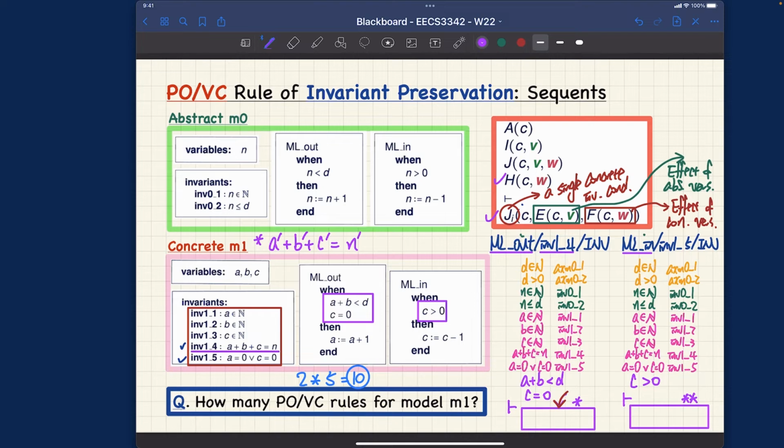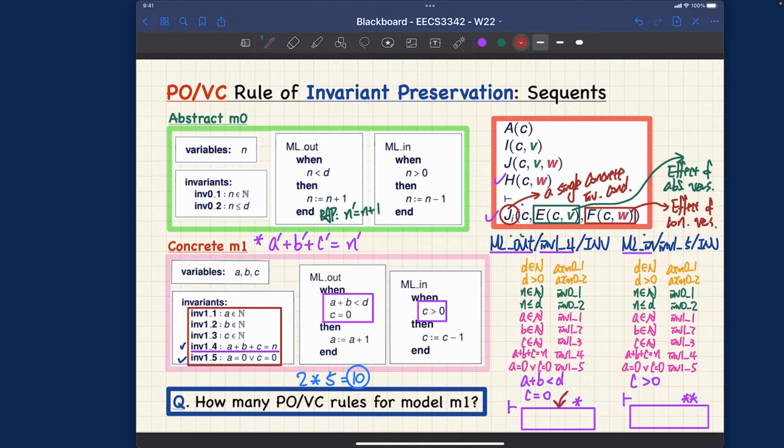However, what really appears in the final answer can only be the pre-state evaluation. It cannot be the prime. In order to substitute each prime by some pre-state evaluation, we need to consider the before-after predicates. So let's see the before-after predicate for the abstract and concrete version for the ML out event. In the abstract version, we know the before-after predicate very well: M prime should be replaced by M plus 1.